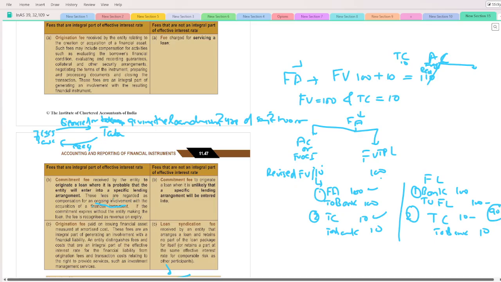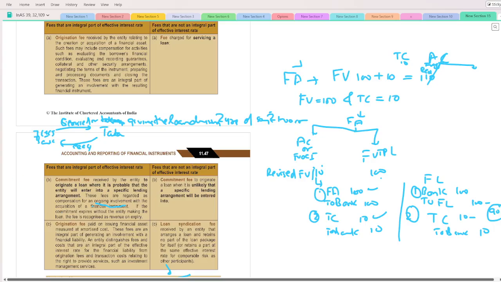So these fees are regarded as a compensation for an ongoing involvement with the acquisition of the financial instrument. If the commitment expires without the entity making the loan, like after the 2 years, if you are standing at the end of the second year and it is seen that Tata hasn't availed any of the loan, then whatever fees ICICI Bank has received, it will be taking it in the P&L as an income.